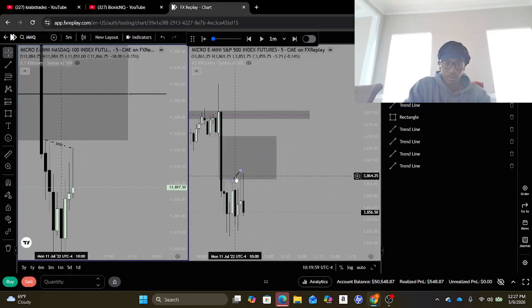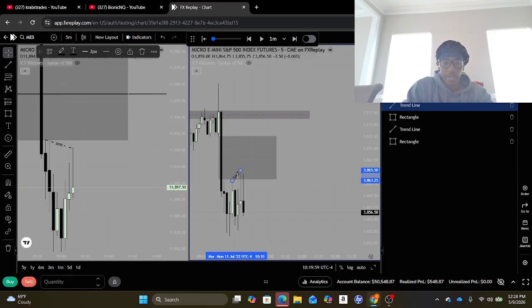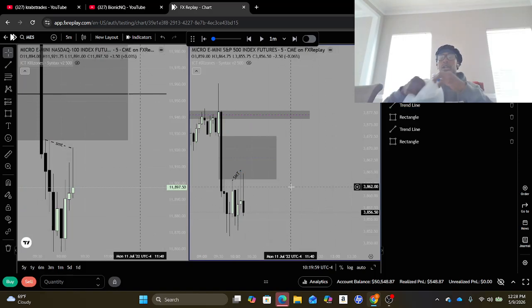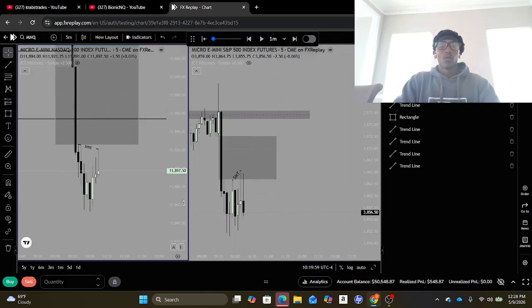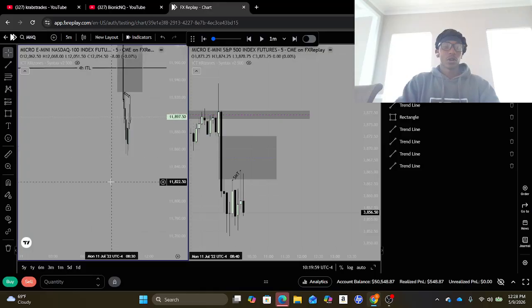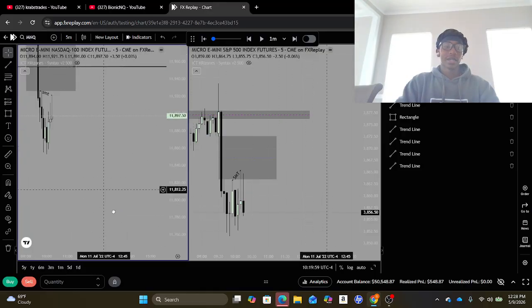S&T. S&T. All right, bet. We got our S&Ts drawn out. Sorry, I'm a little parched. So we do have an S&T inside of this gap. We do have continuation shorts. Our drawn liquidity is still intact technically.